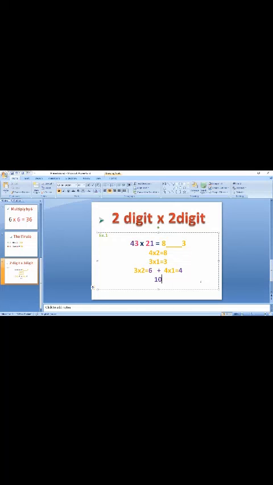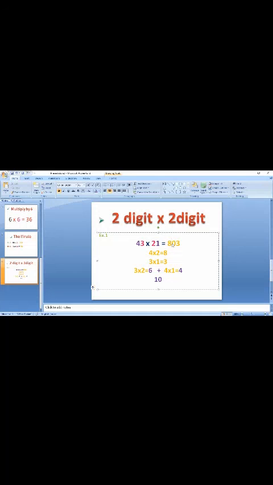But here, 10 is greater than 9. As in the second trick we did already, we put the ones digit in the middle. So that's 0. And then the tens digit we add to the first digit of the answer.